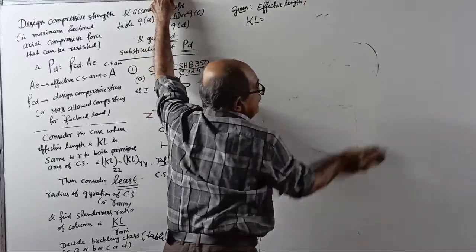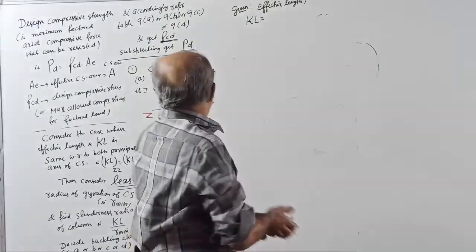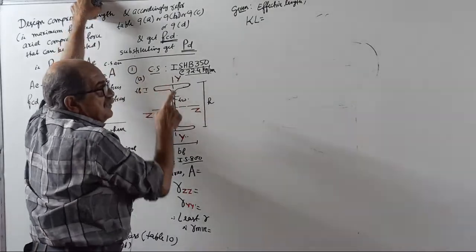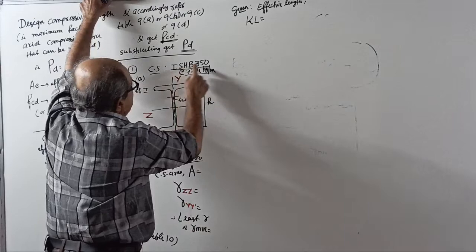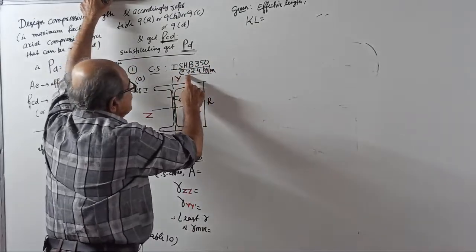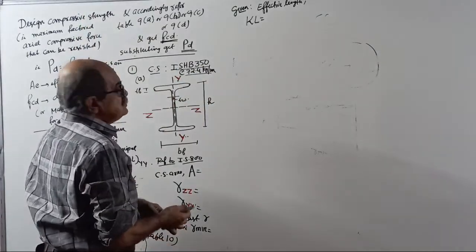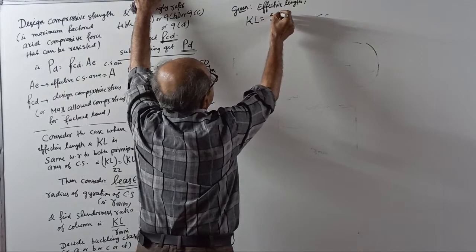Now, take the first question. I will read the question, dictate it. Question number 1 has got two parts. A rolled steel joist ISHB 350 at 72.4 kilogram per meter is used directly as a column of effective length 5 meter.